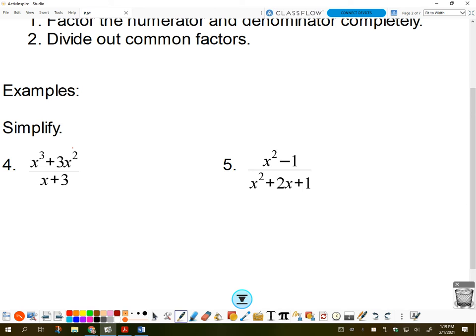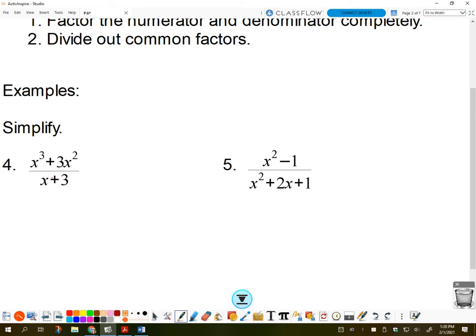You have to have multiplication before you can cancel. You've got to take whole things. I cannot knock this 3 off just because there's one down here, because it's being added to something, and the order of operations says I've got to add up here and add down here and then divide. So I can't take pieces of things that are being added. I have to take the entire thing.